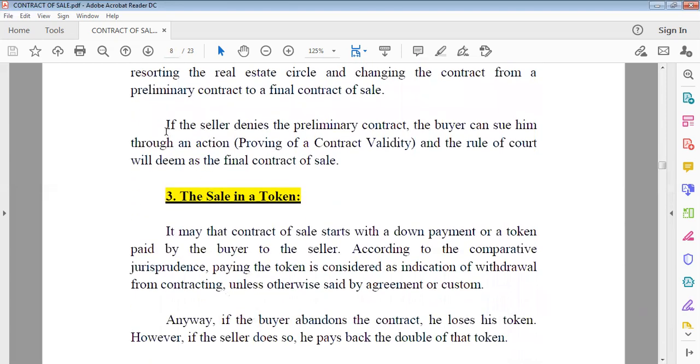Finally here if the seller denies the preliminary contract، لو كان الشخص البائع انكر وجود ال preliminary contract the buyer can sue him through an action which is proving of a contract validity، من خلال دعوى اسمها إثبات صحة عقد.